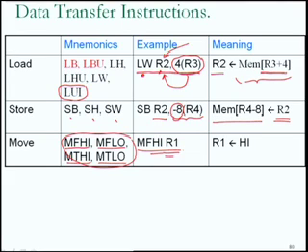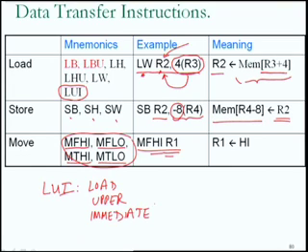Okay. Now, finally, before moving ahead, let me just make a comment about the LUI instruction. As mentioned, the LUI instruction stands for load upper immediate, and an example of this instruction would be something like load upper immediate.